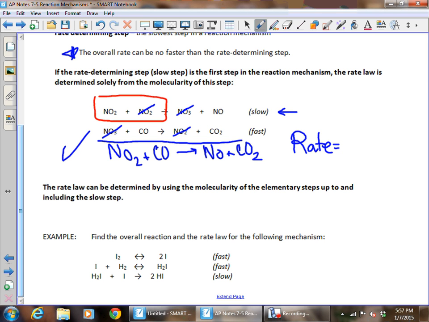Remember, that means that rate is equal to k, and since there are 2 NO2s there, that's going to be the rate law based on the molecularity of that first step, which matches the experimental rate law. And the rate law does not have NO3 in it, so it does not have the intermediate in it. So it obeys all of the rules. So we would say that this is a very good candidate for the reaction mechanism for this particular reaction.